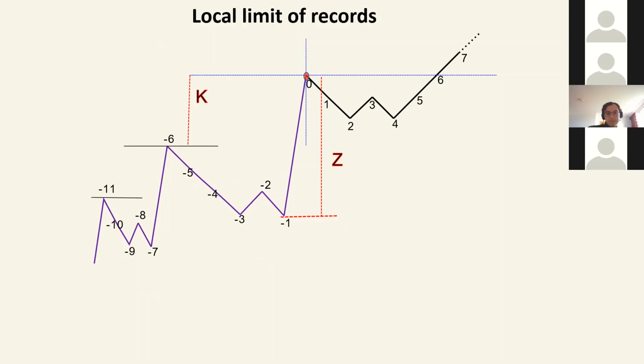From there, you choose uniformly a random variable k between 0 and Z. And you run the random walk such that in the past you stop at the first time it hits that level k. Then you iterate this procedure every time you hit this level. Similarly, you take a random variable Z, choose k uniformly between 0 and Z, and let the random walk run until the first time it hits that level k. So this is what you see in the limit.